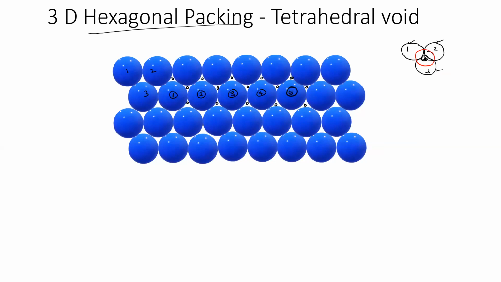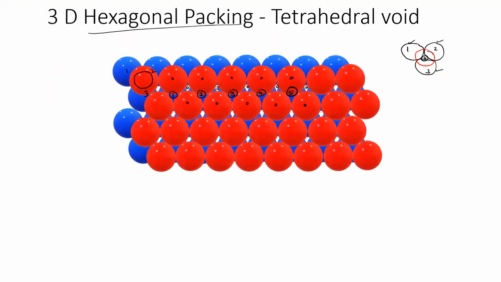That empty space is otherwise called a tetrahedral void. Am I right? I'm going to place one more atom here to arrest this space. Which space? To arrest this void. If I want to arrest this void, I'm going to place one more atom on top of these 3 atoms. So likewise, I'm placing. Okay.